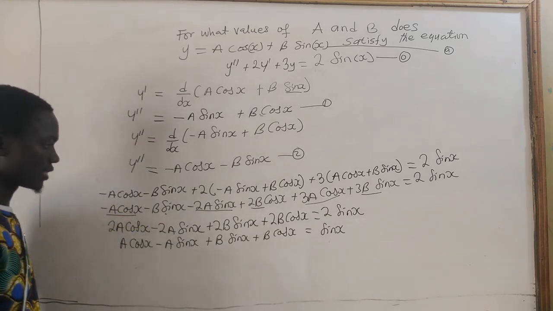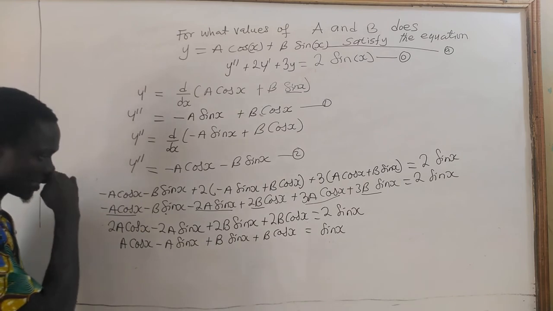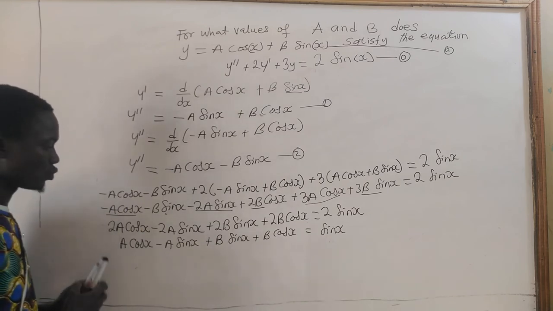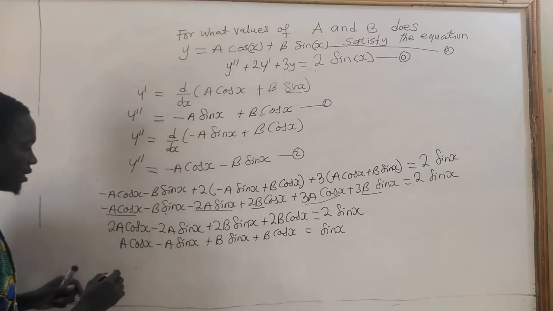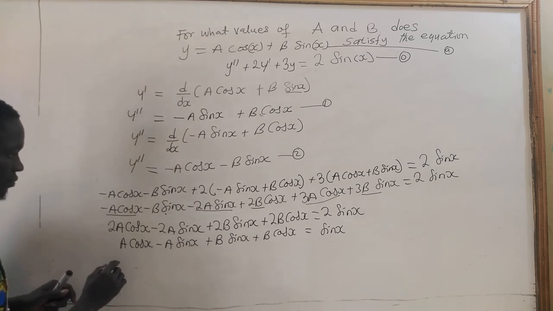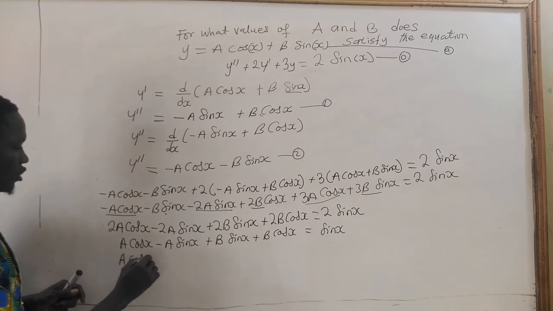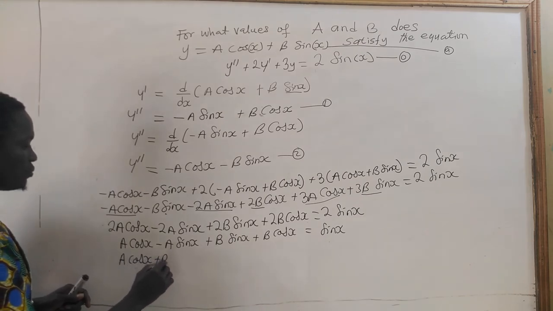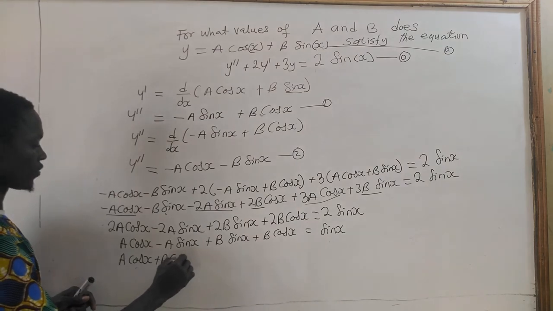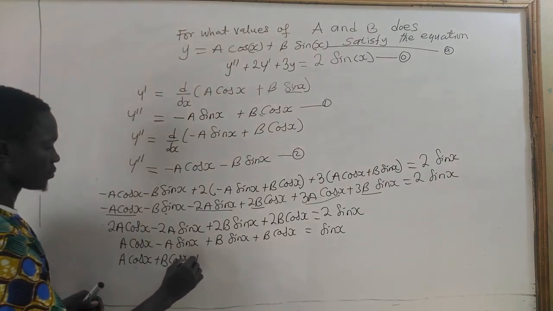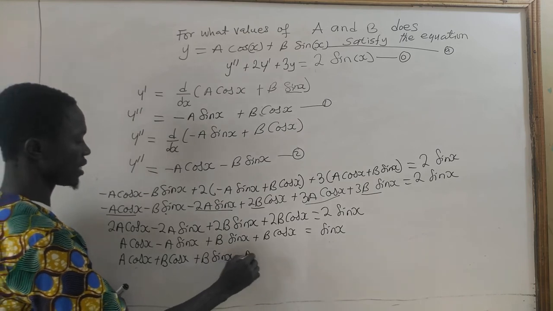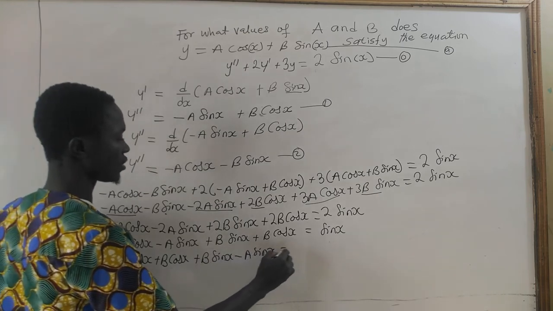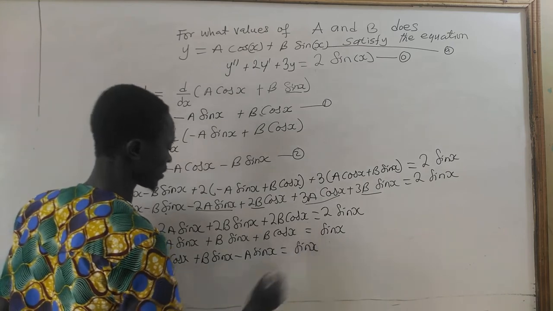Wow, very, very simple as that. Now, let us group the cosine terms together and the sine terms together. So here, I'm going to have A times cosine of x plus B times cosine of x plus B times sine of x minus A times sine of x equal to sine of x.